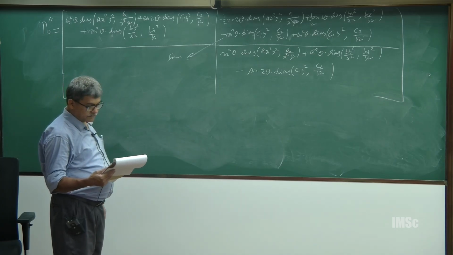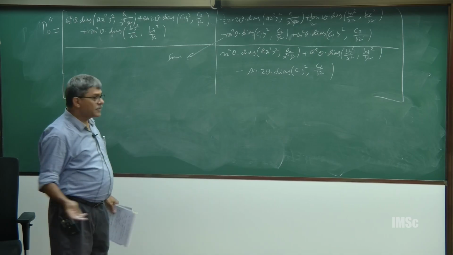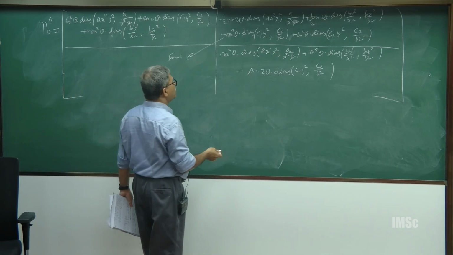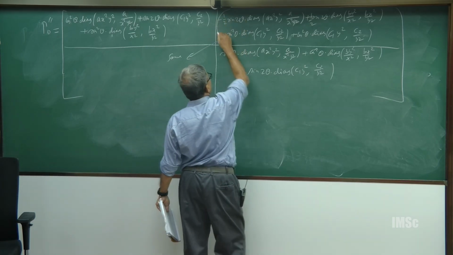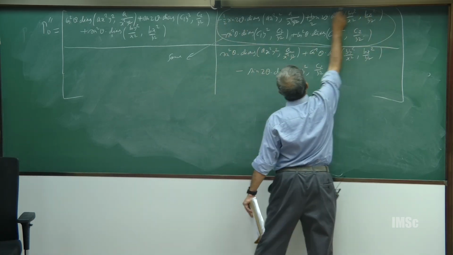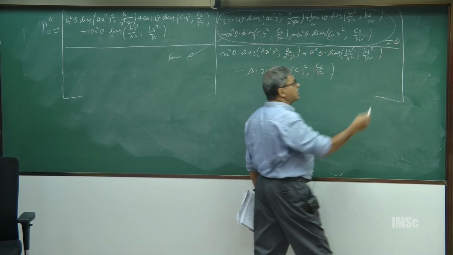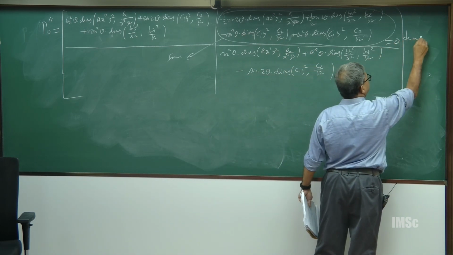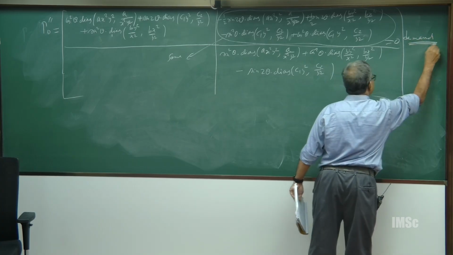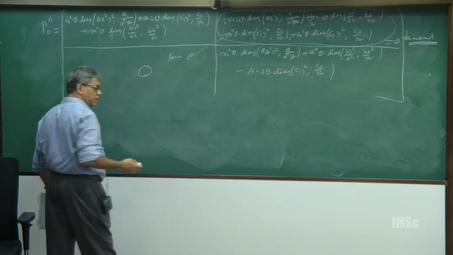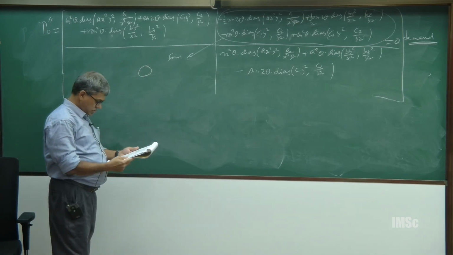Okay. So, now what we want, because I said that this has to be a diagonal one. So, I want this part, which is a diagonal matrix, to be 0. This is my demand, and therefore, this should also be 0, because it is the same. Okay.